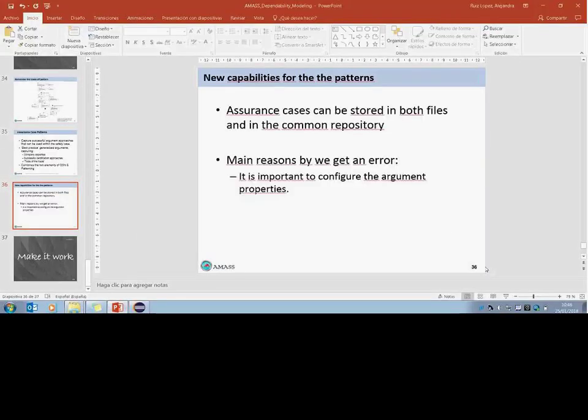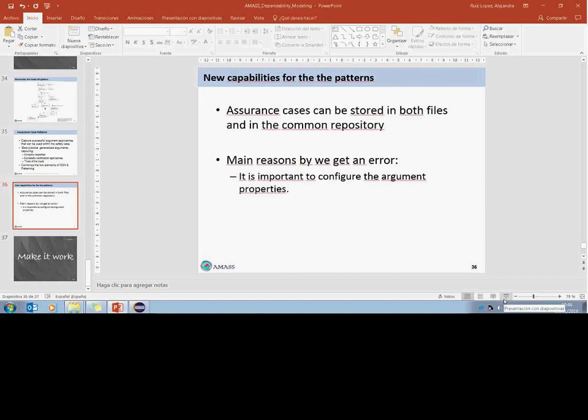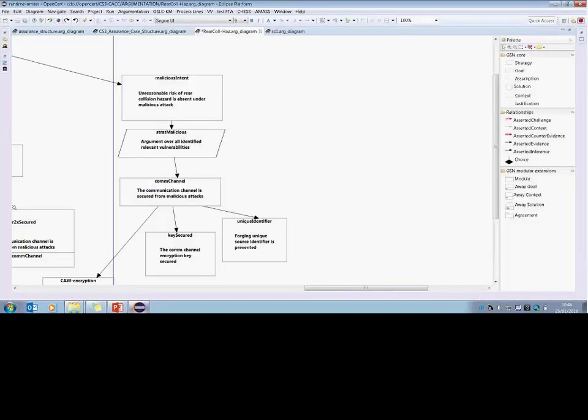Well, the main reason that you can get problems using the patterns that we were using on the core prototype before is that you didn't configure the properties. So now we can store your argument patterns.